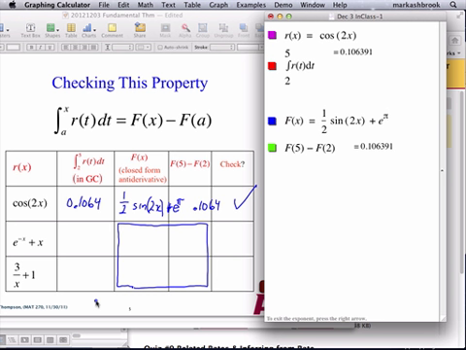So for what we're supposed to add here, it's 3.3. Okay.